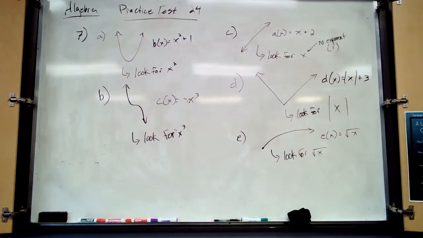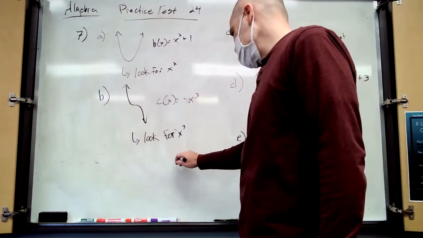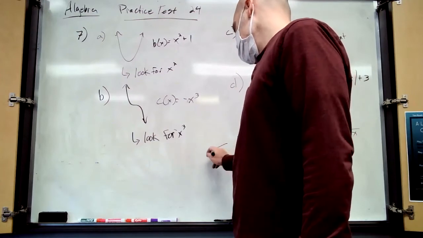Okay? Yes, sir. What would the cube root of x look like? Cube root of x. Well, we could graph it if you'd like, but it would be double layered. Cube root of x actually looks like this.